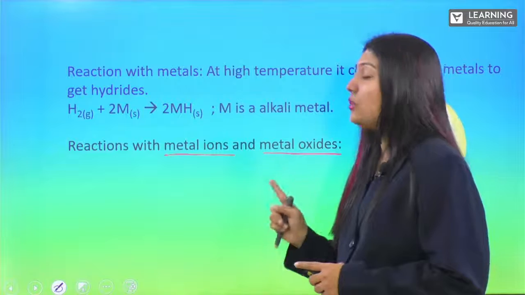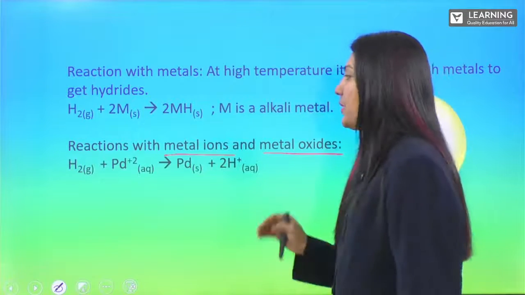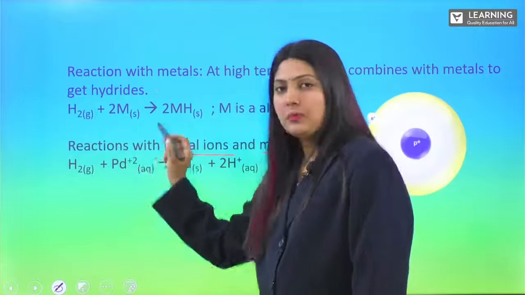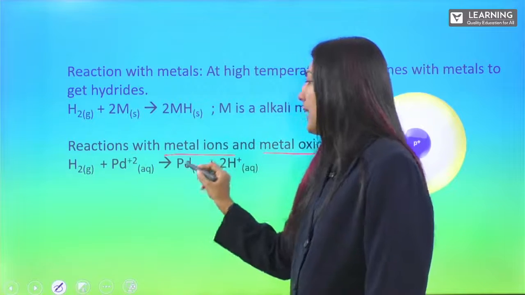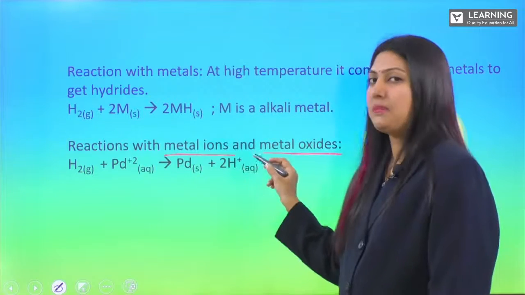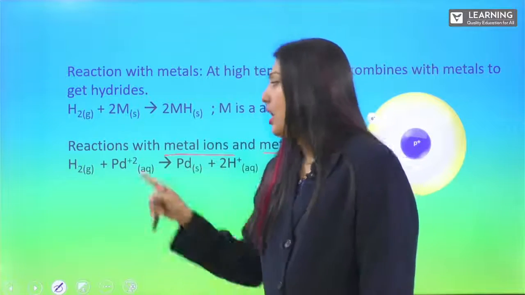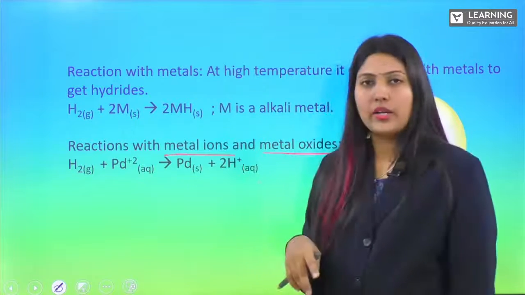How does hydrogen react with these ions and metal oxides? If you see, hydrogen reacts with palladium 2+, where it gives you palladium plus 2H+. Hydrogen donates its electron and becomes a proton.